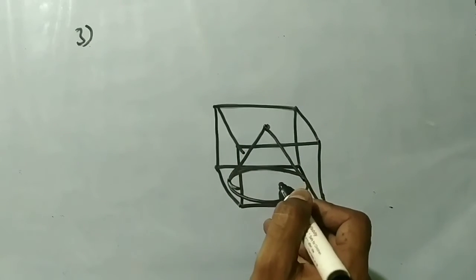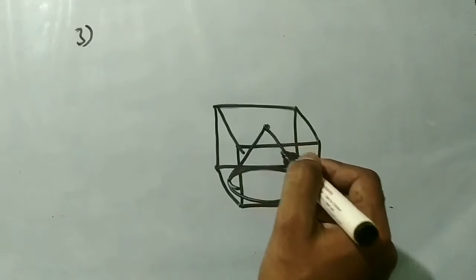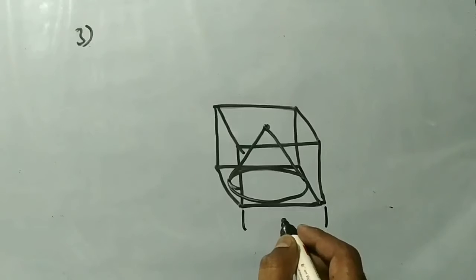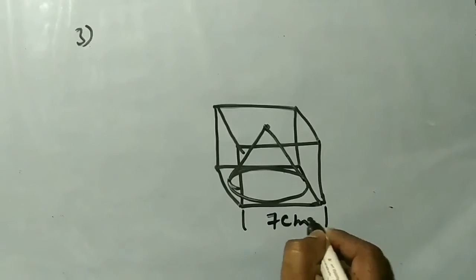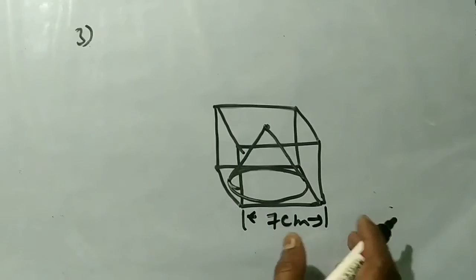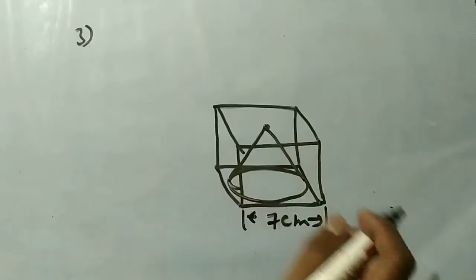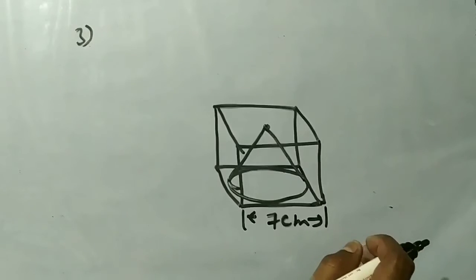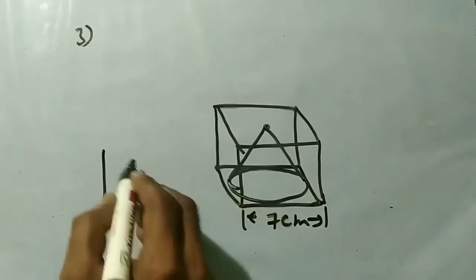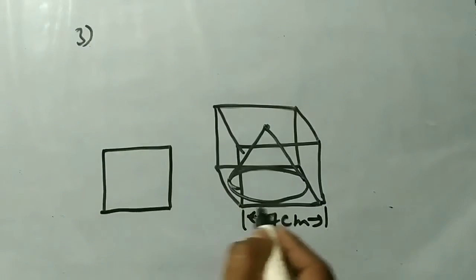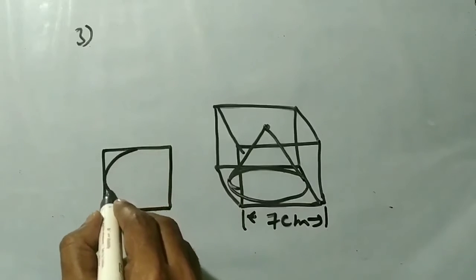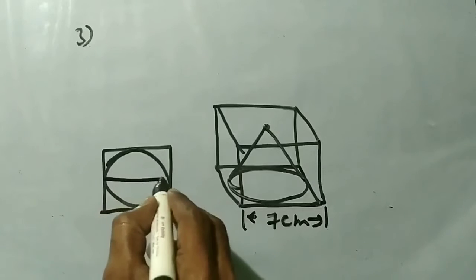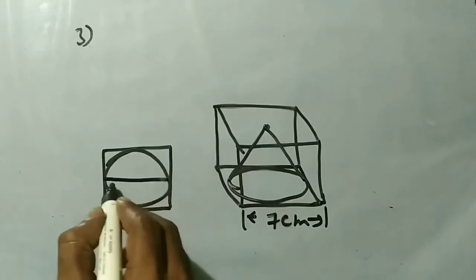We have to find the volume of this cone, but they have given only the edge of the cube, that is, 7 centimeters. So we have to find the volume of the right circular cone. If we consider the base, the bottom, and draw a circle, this point to this opposite point is its diameter.